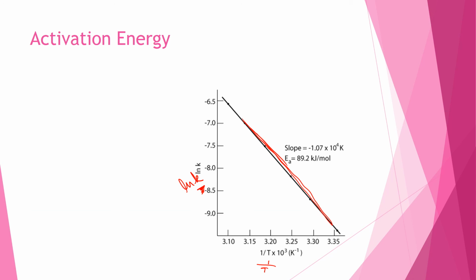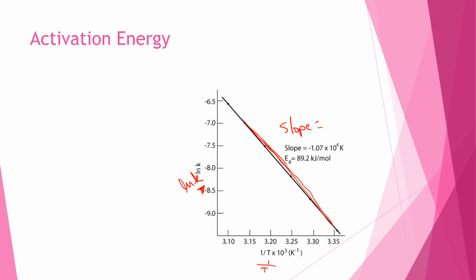This slope is equal to your activation energy as well as your gas constant. So it has gas constant and activation energy inside there. So it looks like this.